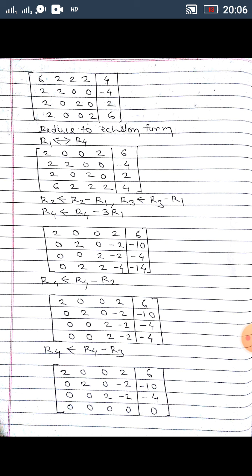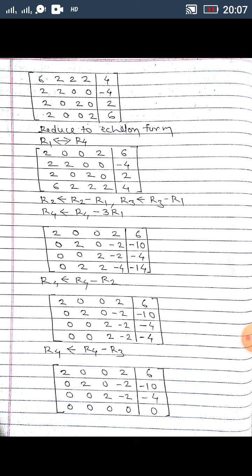Now see here, the changes will be in the matrix. R1 is as it is, 2 0 0 2 6. R2 will become 0 2 0 minus 2 minus 10. The change in R3 is 0 0 2 minus 2 minus 4. The change in R4 is 0 2 2 minus 4 minus 14.